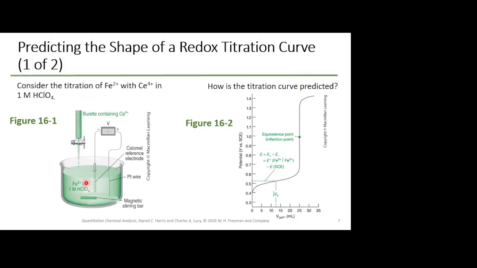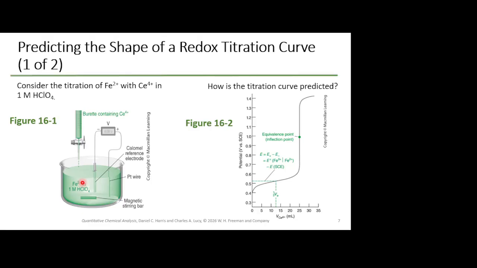Think of it like this. You have here your reference electrode, and then on the other side of that reference electrode, you have two competing reactions. You have two competing half cells. You have a half cell that is the iron 3+ and 2+ iron.